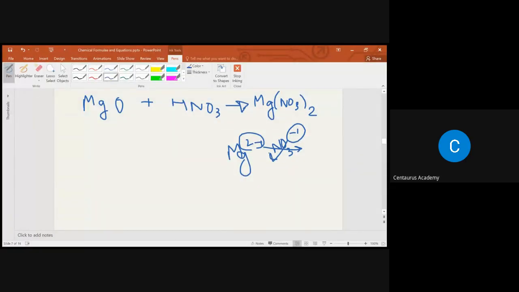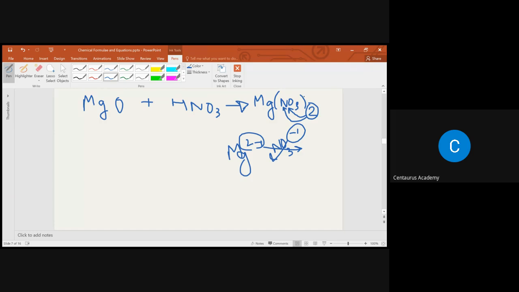So when you swap these valencies and drag them down, this 2 will be written as a subscript with NO3. But since 3 is already mentioned as a number here, this 2 is going to come outside the brackets to represent that this number 2 is being multiplied with everything present within the brackets. So it is also multiplied with the oxygen atoms and the nitrogen atoms.